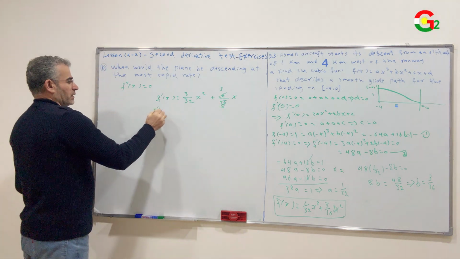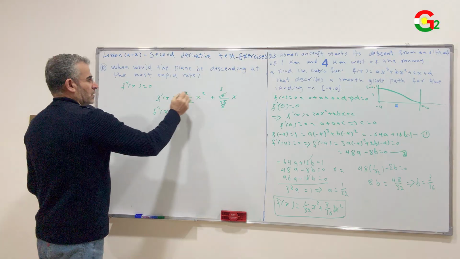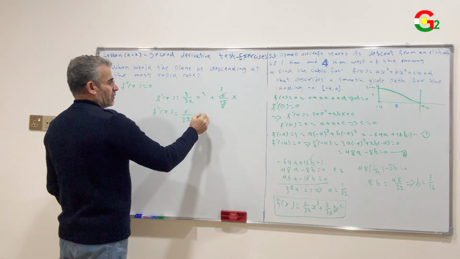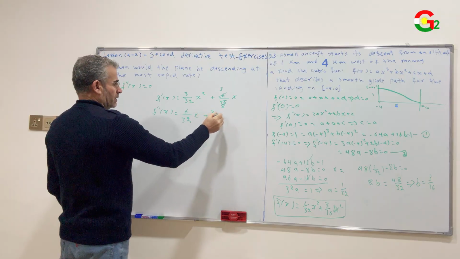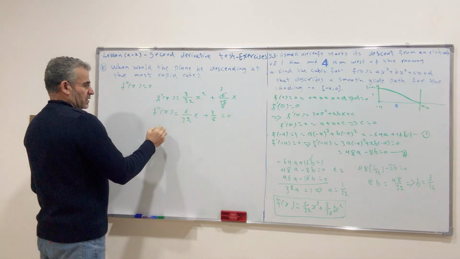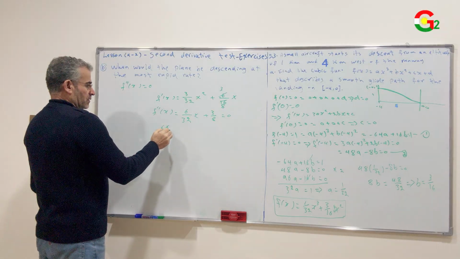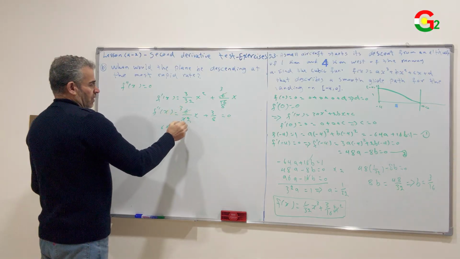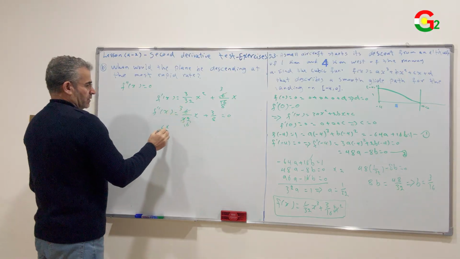Now, the second derivative of the function is 2 times 3, 6 over 32 x plus 3 over 8. Set it equal to 0 and find the value of x. 6x, divide by 2, 3, 1, 6.